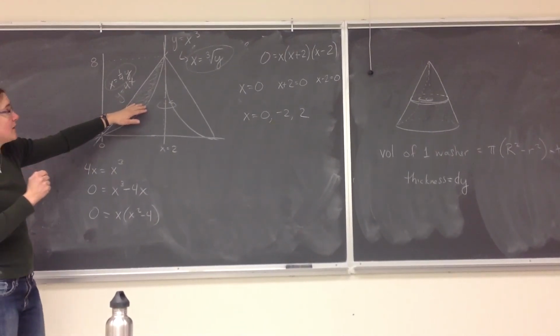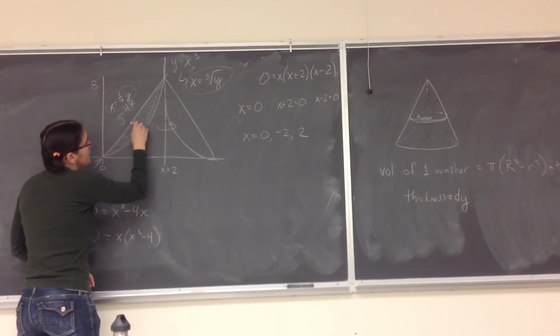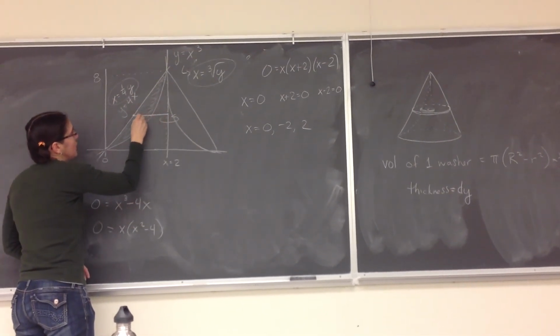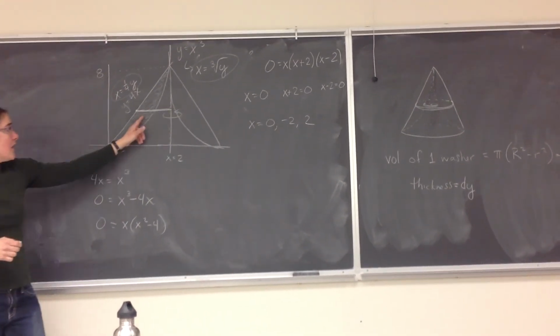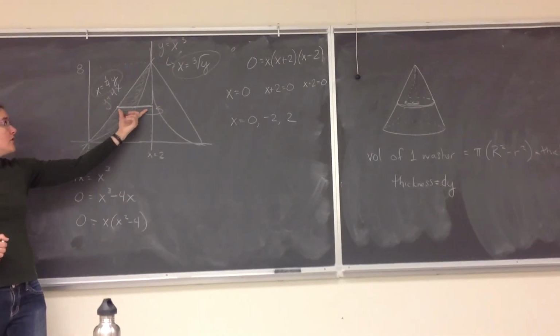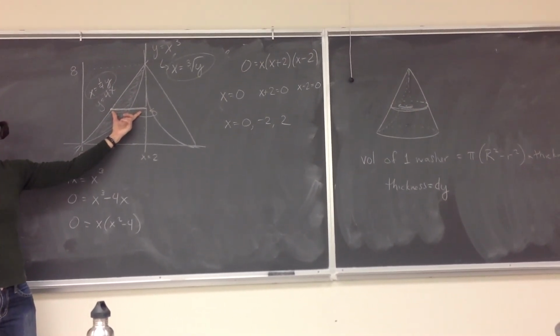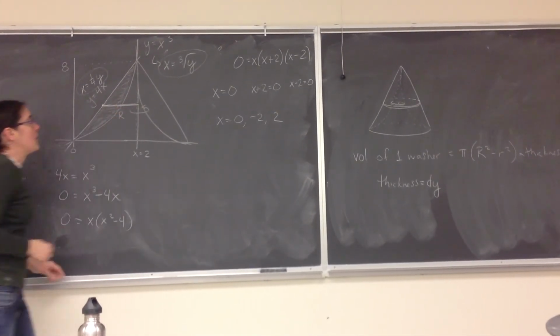I want my radius to be drawn so that it uses the original region. So even though I could draw my radius out to the right, because the true region is this shaded one over here, I'm going to draw my capital R radius so that it is involved with the original region. So this is my capital R.